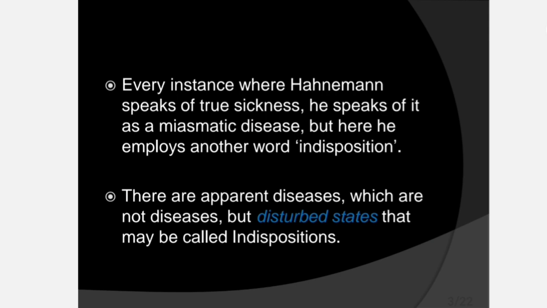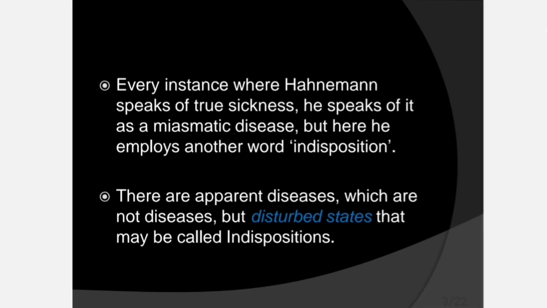So we have to call them some kind of disease, because we all know the definition of disease, that there is a disturbed state manifested through signs and symptoms. But here there is a disturbed state with some signs and symptoms, yet it is not a true natural disease or true miasmatic disease. It's just a mild disturbed state that we call indispositions.